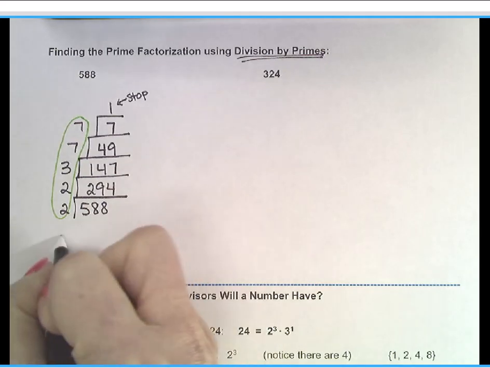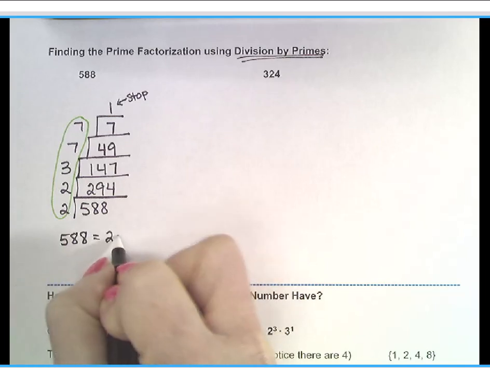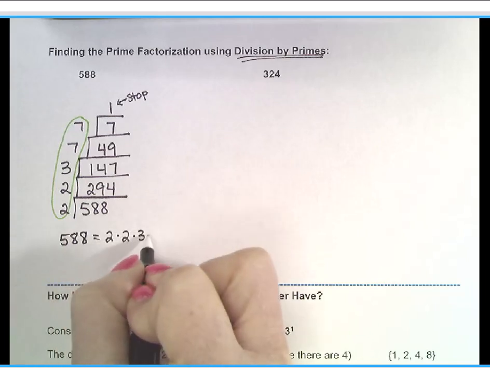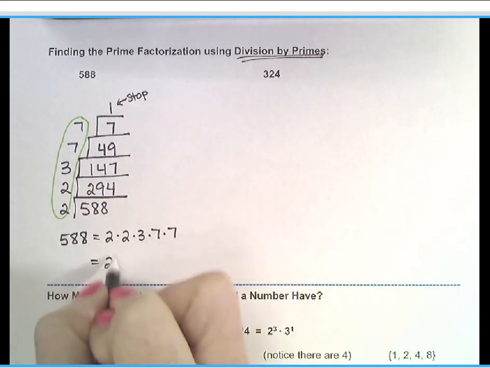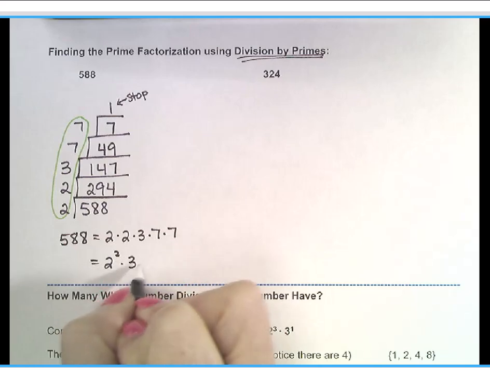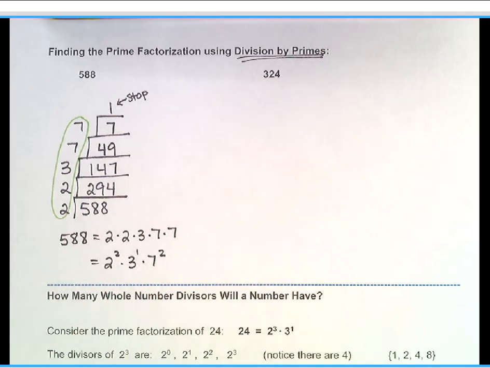So you would say 588 is 2, I'm going to use dots, times 2 times 3 times 7 times 7. Or you could say 2 squared times 3, I guess that would be to the first, times 7 squared if you wanted to write it with exponents. But either one of those would be fine, either way you want to write it.